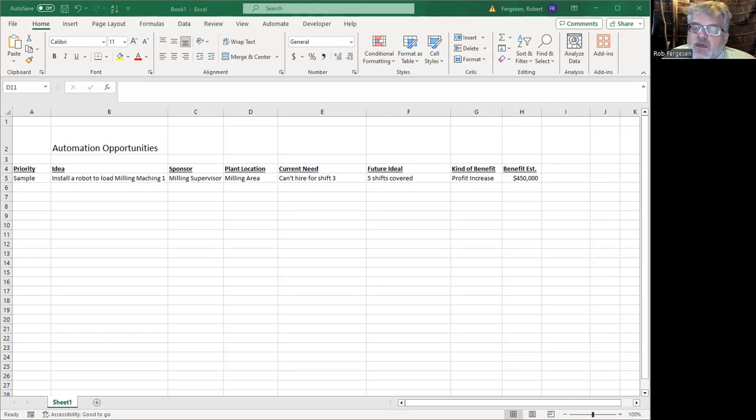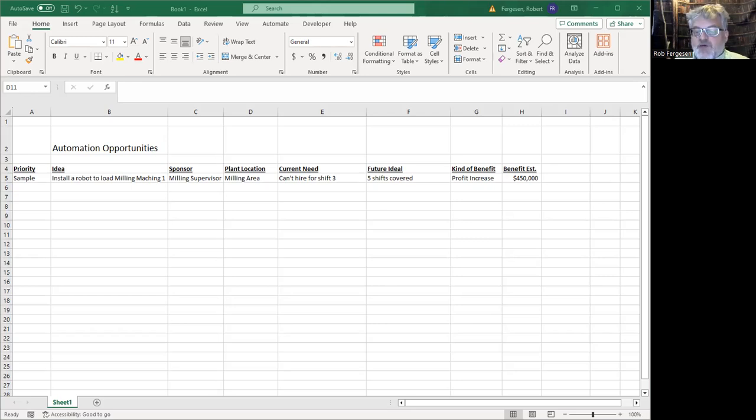I think a lot of people who implement projects want to talk about how much money they're going to save, but I don't think that's what we want to use when we talk about automated projects. Projects that are based on saving are not necessarily what we're doing here.